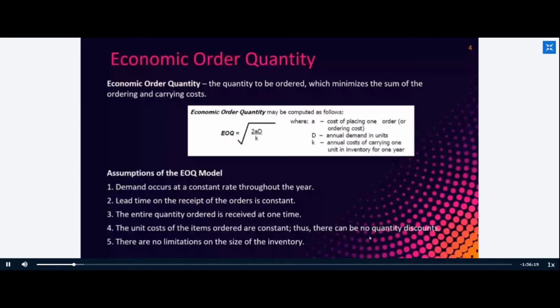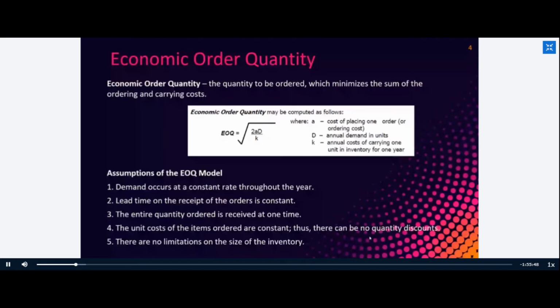Number three, the entire quantity ordered is received at one time, of course. Number four, the unit costs of the items ordered are constant, thus there can be no quantity discount. Remember, in your basic accounting there are so-called quantity discounts, say when you buy in bulk, like the buy three take one that we often experience.